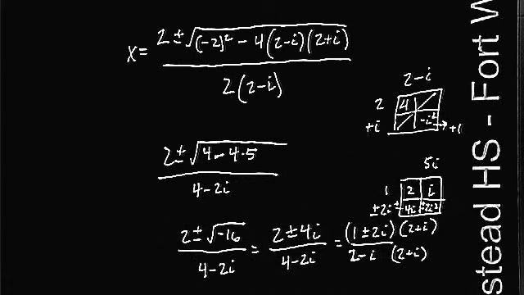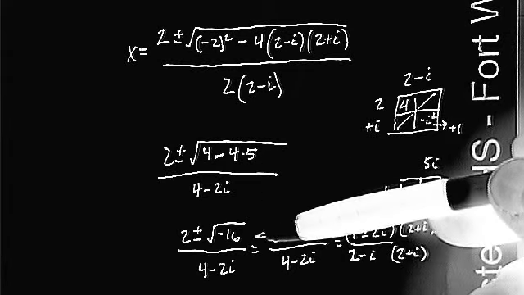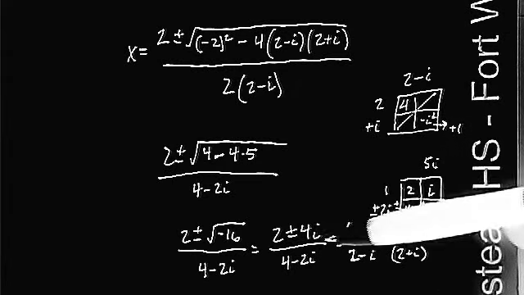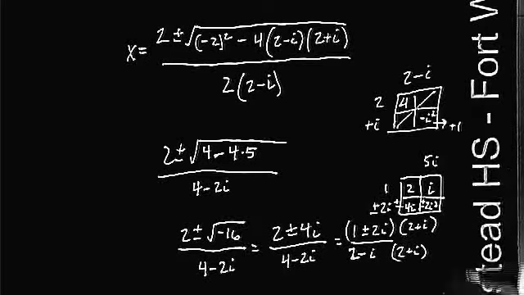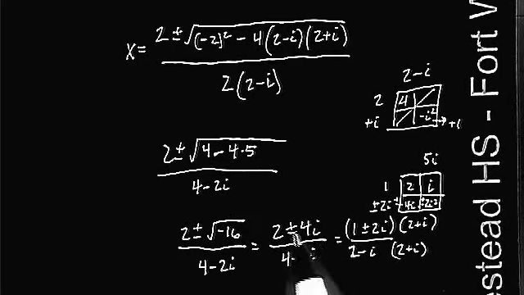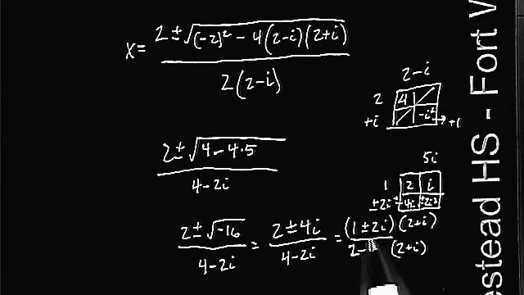And then I went through the process of solving. You can take a look at my work. Square root of negative 16 is 4i. I took a 2 out of all of this stuff. That gave me 1 plus or minus 2i all over 2 minus i.